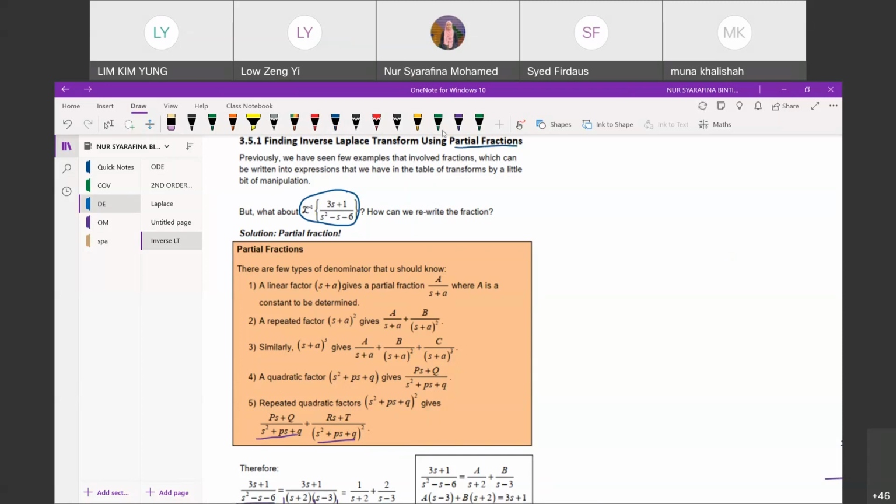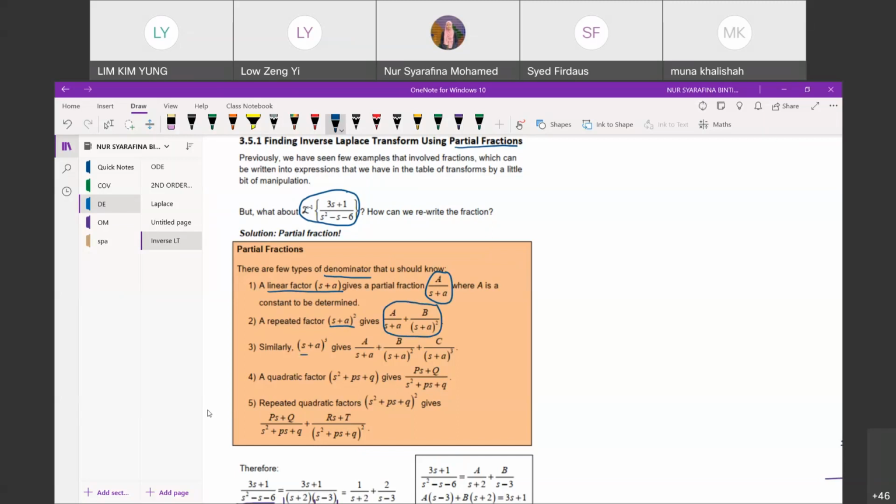When the denominator is a single linear factor s plus a only, the partial fraction is A over s plus a. When it is a repeated factor, s plus a squared, then we can use this partial fraction for repeated factor: A over s plus a plus B over s plus a squared.